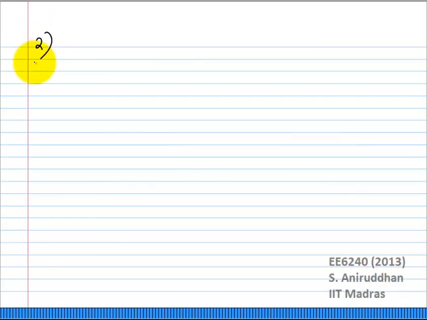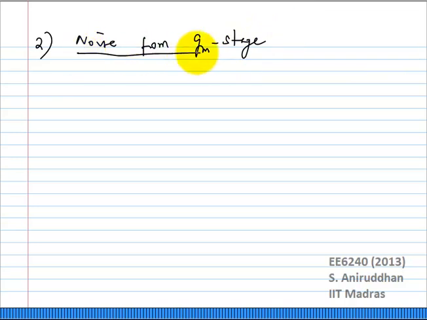Next step is to look at the noise produced by the transconductor. That is also somewhat straightforward to analyze. So let us look at the noise from the GM stage.